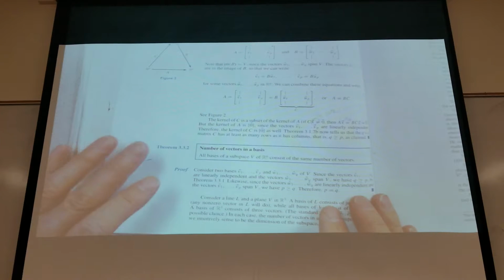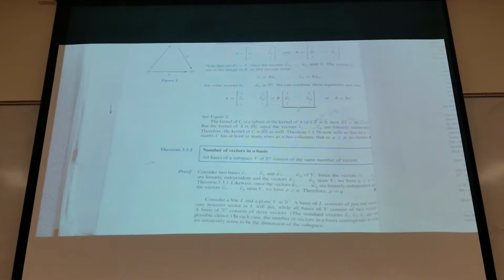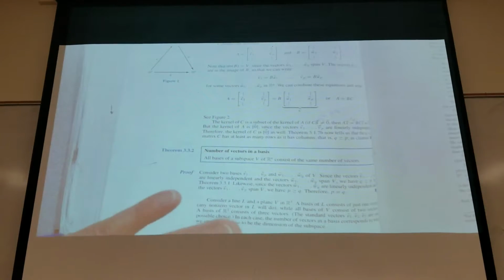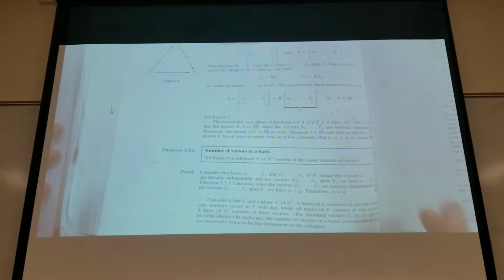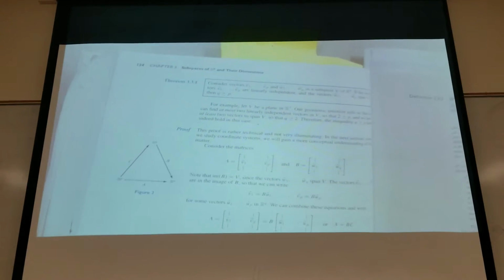Well-defined in this case means you need to justify that all bases have the same number of vectors in them. So that's that theorem, and we could have just stopped here if we are convinced, but let's do a little bit more.